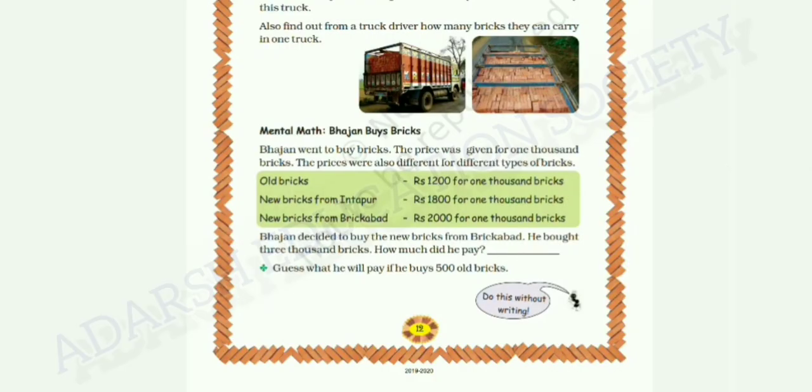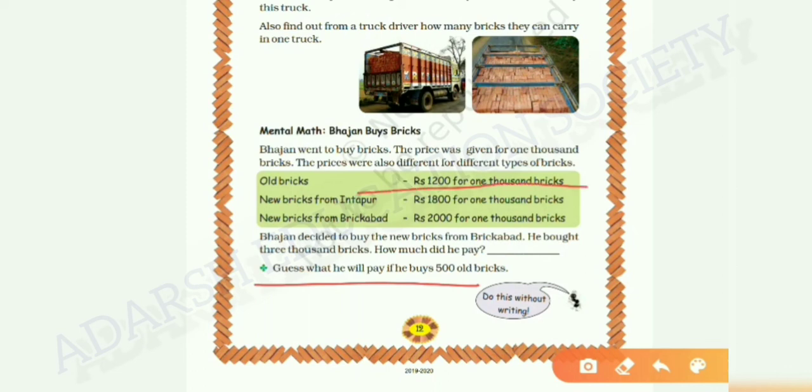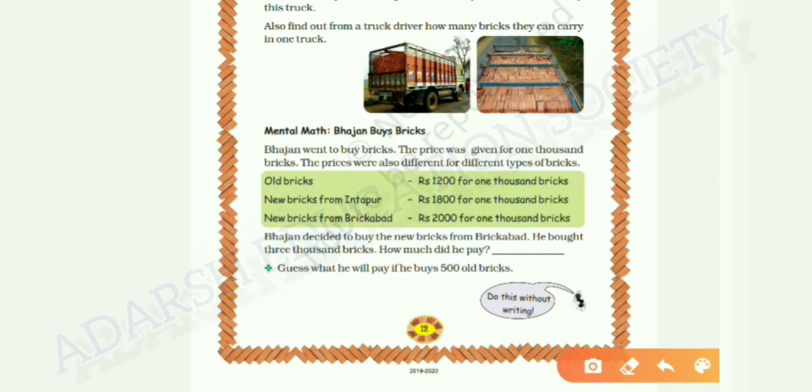Now next, guess what he will pay if he buys 500 old bricks. Here we have to just guess the answer for 500 old bricks. The cost of 1000 old bricks is rupees 1200. So the cost of 500 old bricks is half of this amount, right children?